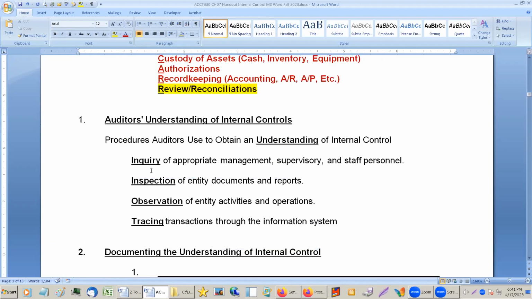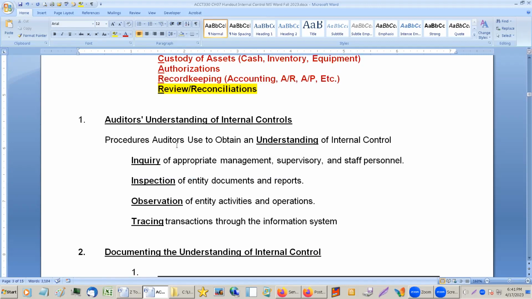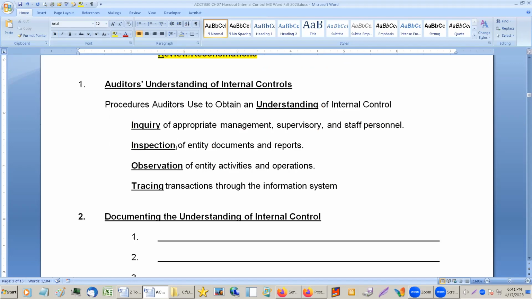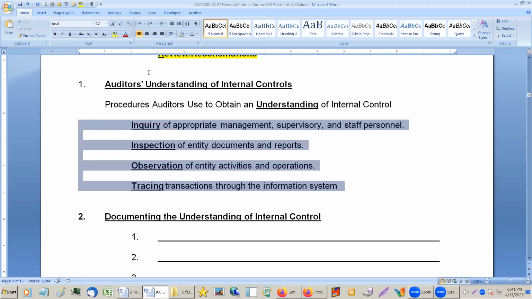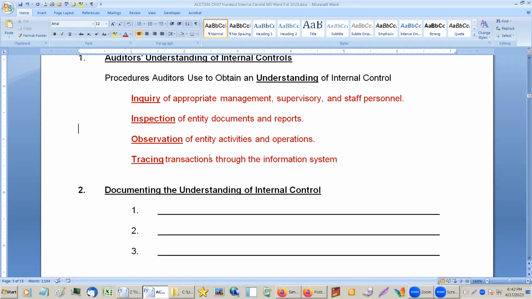Yeah, we'll push on through. Auditor's understanding of internal controls. And we've already talked about these, I think. By the way, you're required to get an understanding.